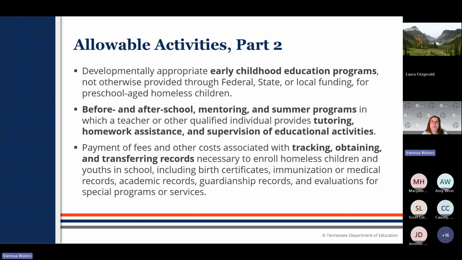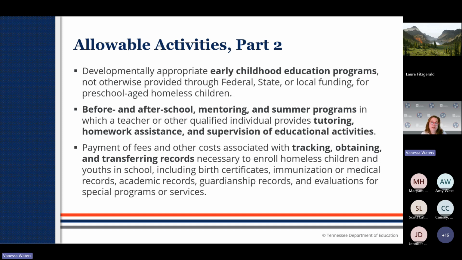So again, if it's an LEA authorized program, go back to working with your board attorney and your policies and procedures. I know there's a lot of questions around transporting children under a certain age. So ensure that you follow all of those guidelines before setting up that transportation or whatever you may need to do.